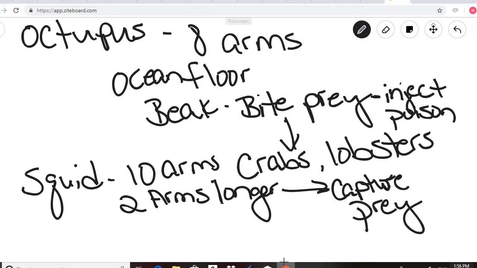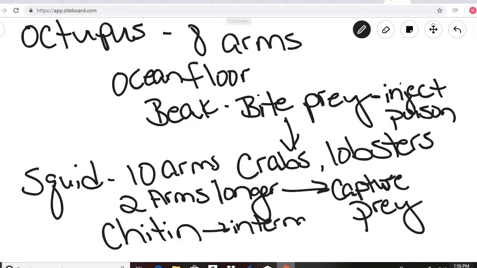We have mentioned chitin before, which is a carbohydrate shell-like material. Well, the squids have chitin as their internal shell. So remember I said that they do have shells, but they're not always external shells. So in this case, it's an internal shell on a squid.